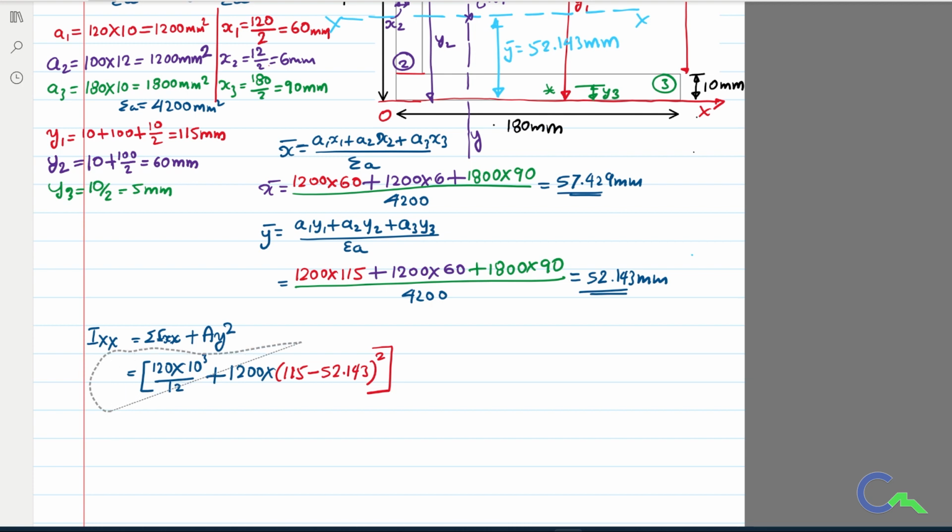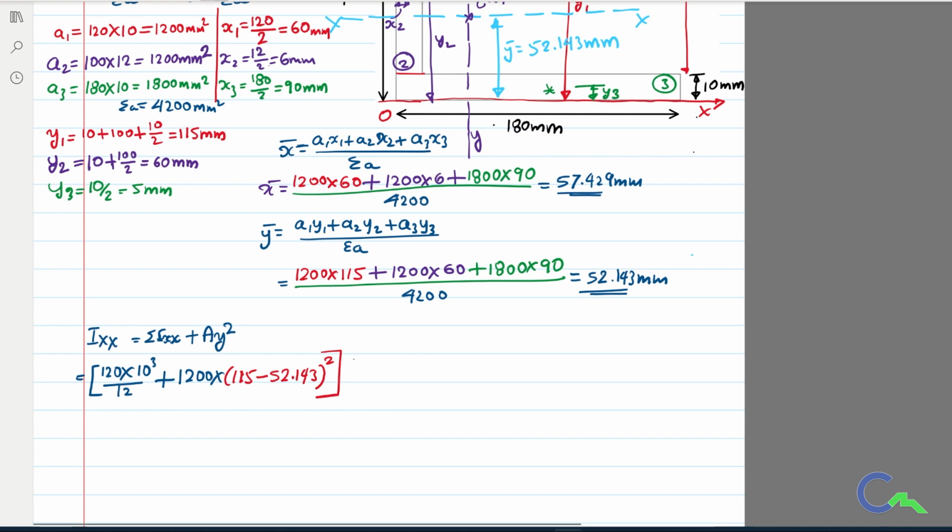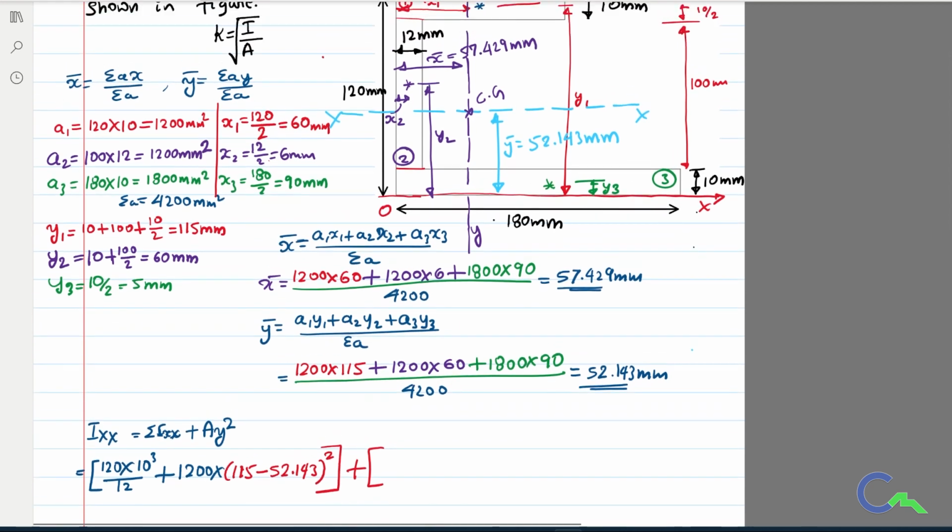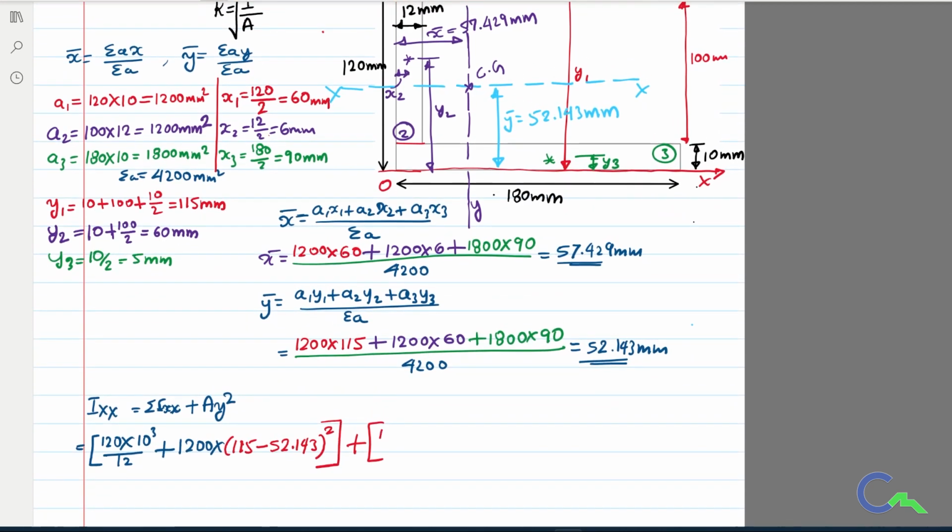If I come to the second figure, again it is a rectangle, so again it is addition, therefore plus. For the second figure, B value is 12 mm, the width of that second section, and the net depth is 100 mm. We have seen already. Therefore 12 into 100 cube divided by 12 plus the area we calculated, that is 1200.